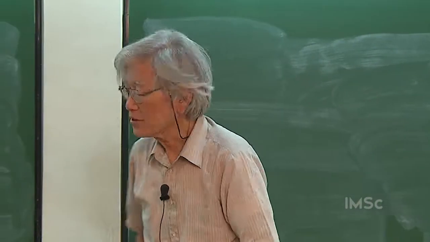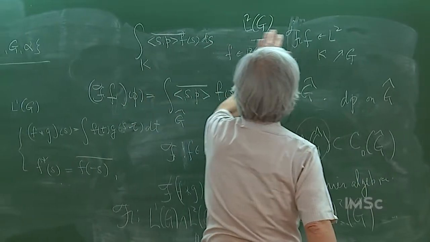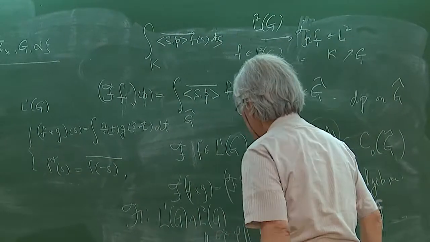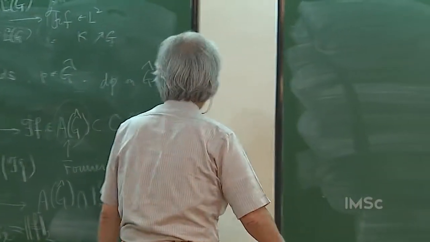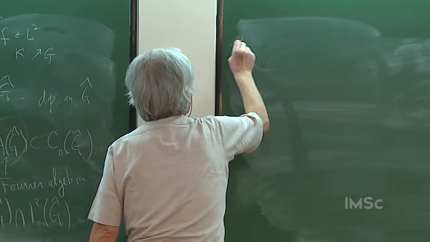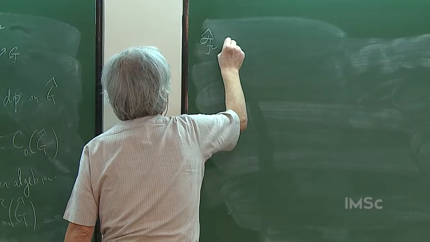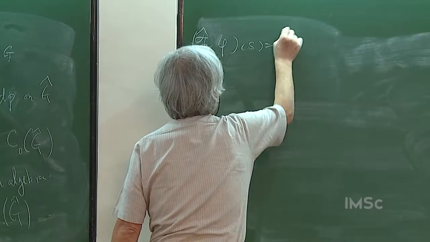L2 sense. So this increases to the Fourier transform, and the Fourier inverse transform is usually taken as the adjoint.